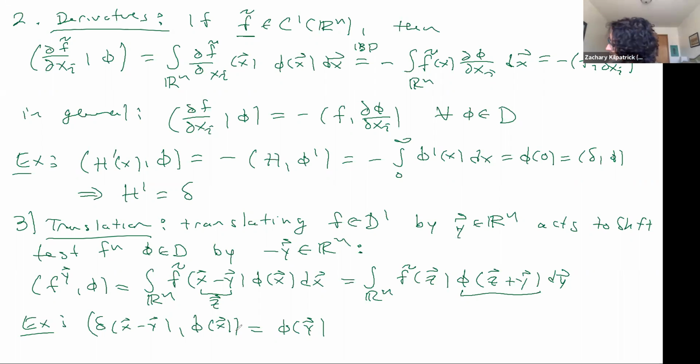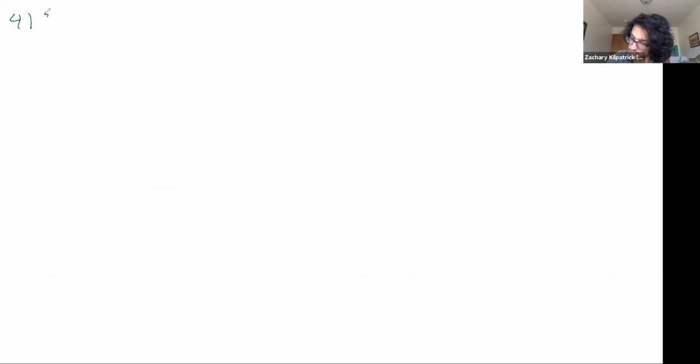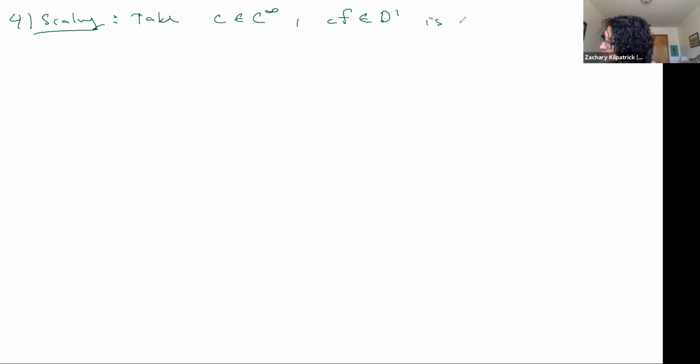Last thing is scaling. So how does scaling work? Well, if we take a function c in C infinity, so it's a little c in C infinity, c f, let's say, is in D prime, okay? This is defined as follows: c f applied to phi, and all that happens is that scaling function just gets absorbed by the test function, okay?